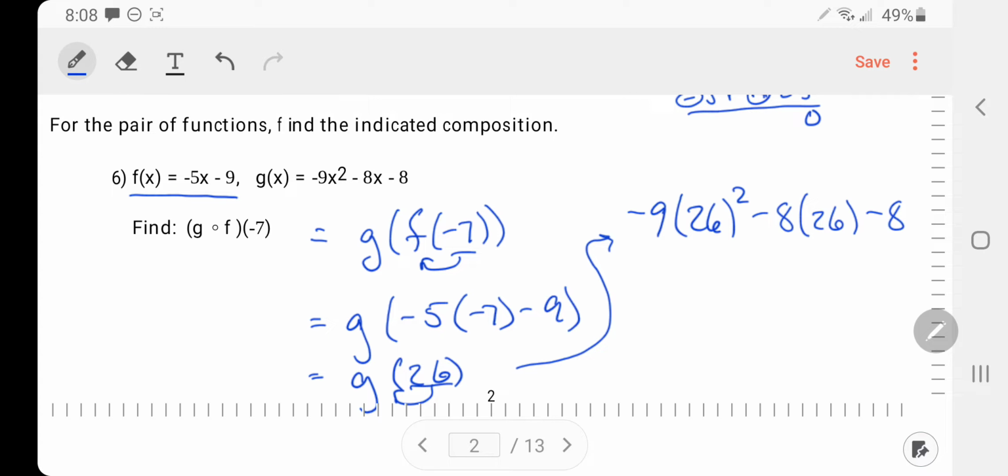Being real careful. Plugging it into the calculator, the Casio FX-115ES Plus is what I use. Whoo, negative 6,300. That is a big negative answer, but don't feel bad if it's big and negative. Those are numbers too. All right, moving on. Next page.